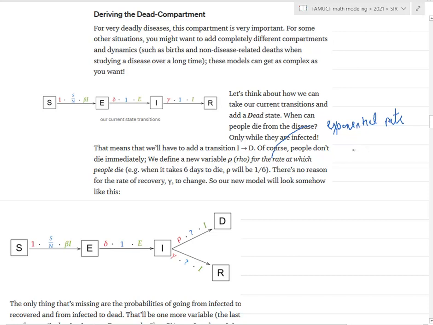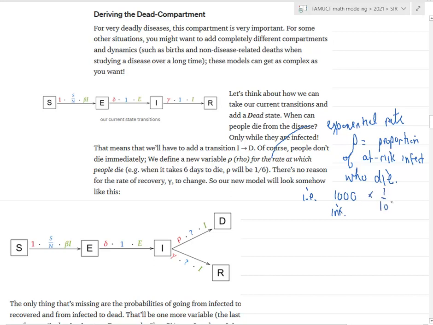So rho is equal to the proportion of at-risk people infected who die. Okay, all right. So for instance, if I have 1,000 infectious people, and then the proportion of these who die would be maybe, suppose it's 1 out of 10.